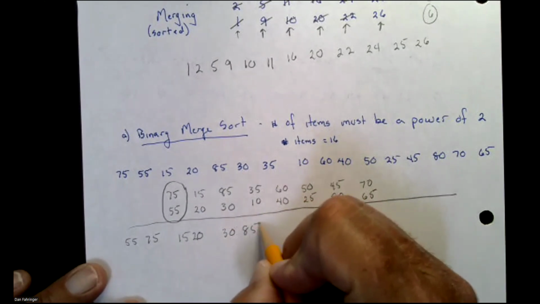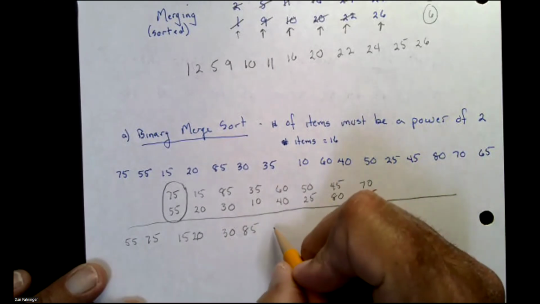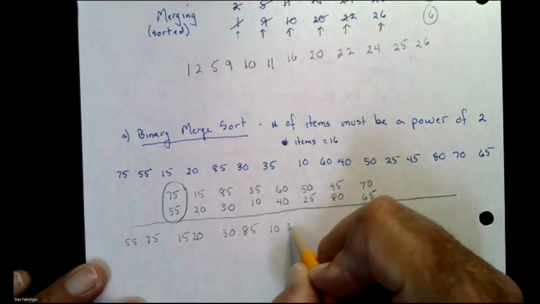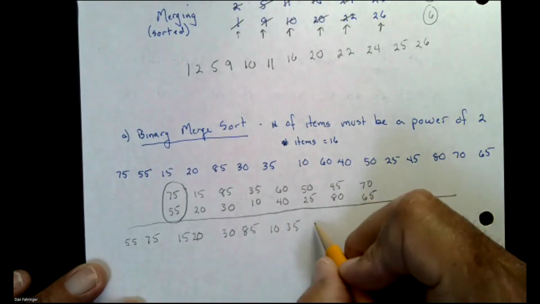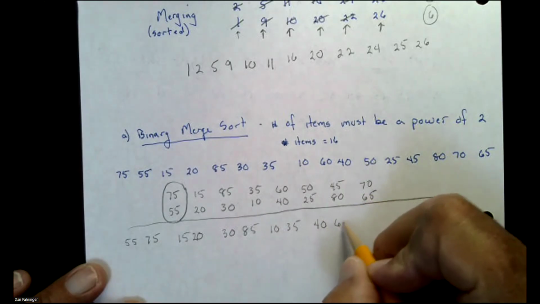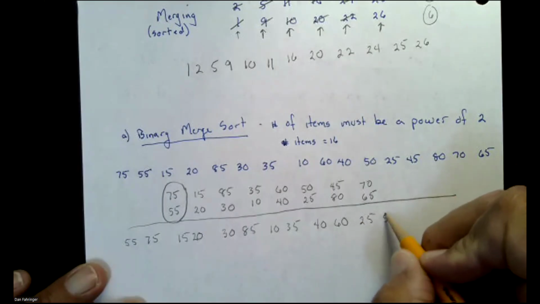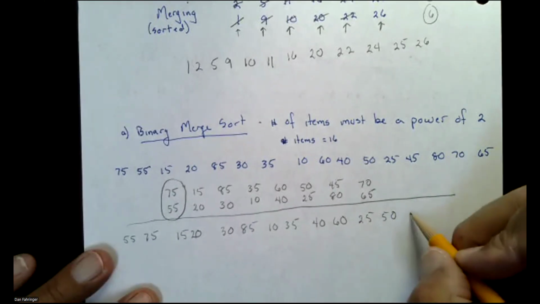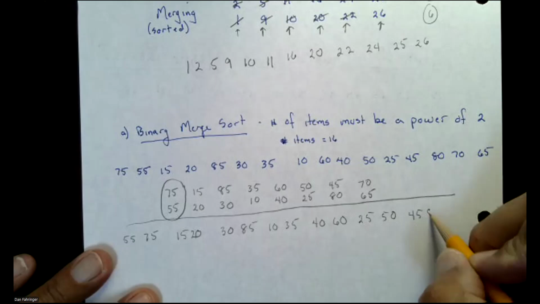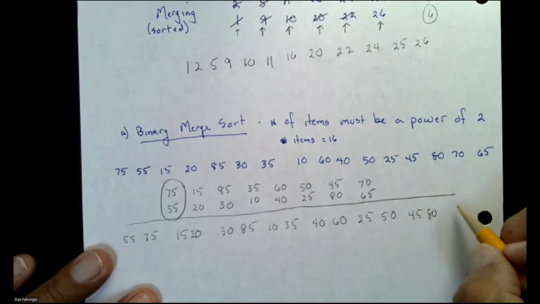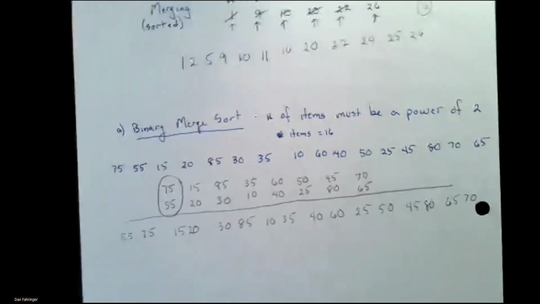30 and 85, 10 and 35, 40 and 60, 25 and 50, 45, 80, 65 and 70.